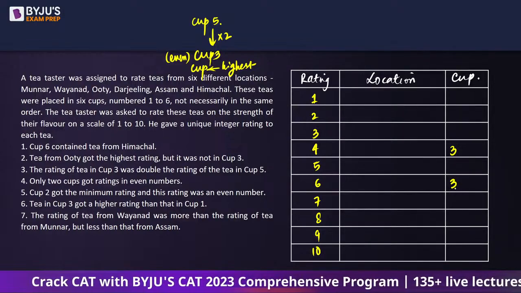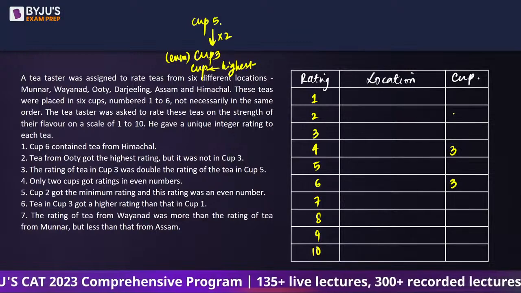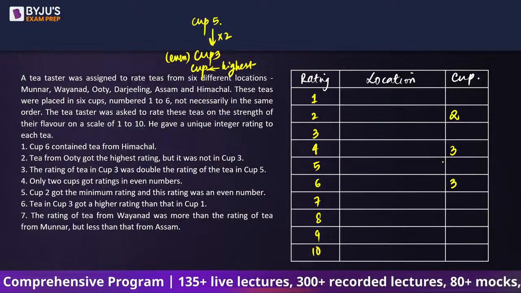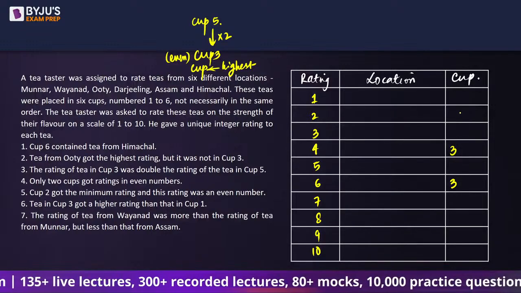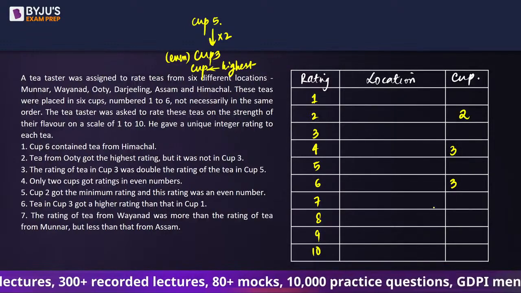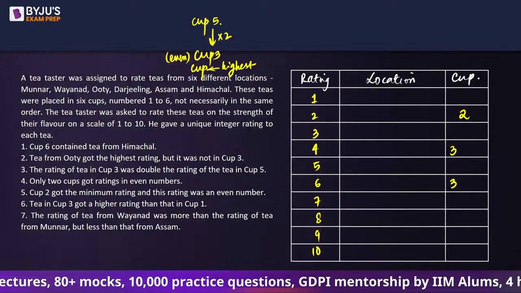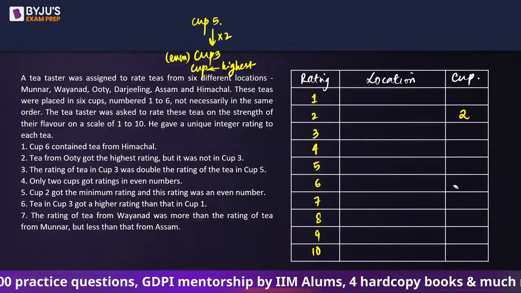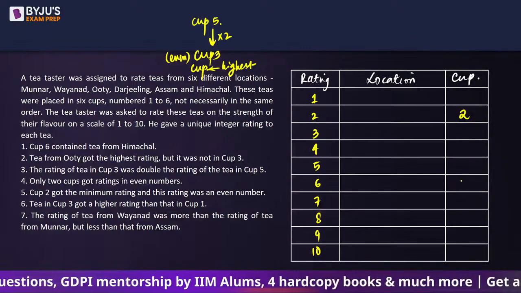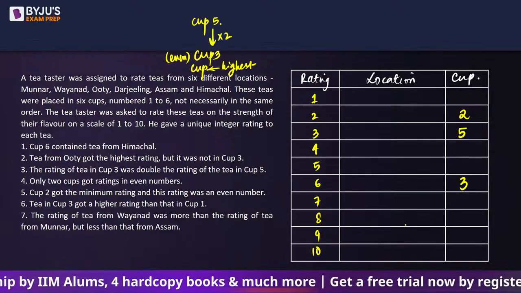So we have got rating 6 given to cup 3, and cup 2 got the minimum rating, and this rating was an even number. So the minimum value that we can choose is this, right? Okay, so that means cup 3 is going to be definitely 6. That means cup 5 is going to be definitely 3.